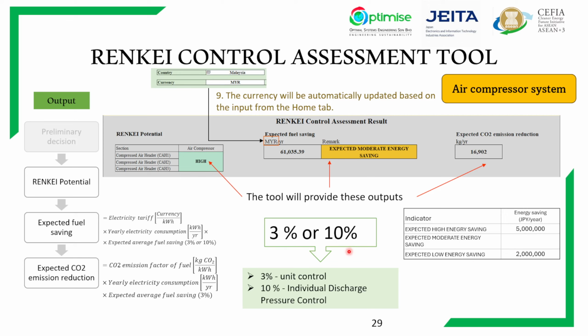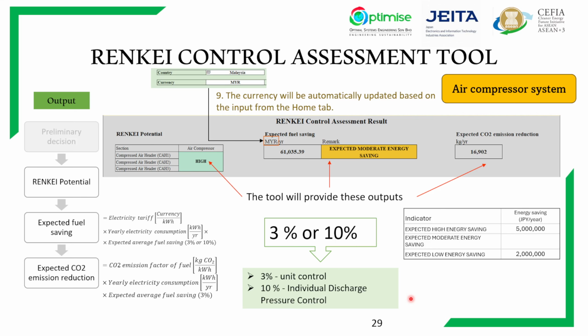The percentage for air compressor saving would be 3% or 10%, depending on the control method that you have. So 3% for unit control, 10% for individual discharge pressure control. So a higher percentage of energy saving if you have individual discharge pressure control. For further questions, please reach out to our team.